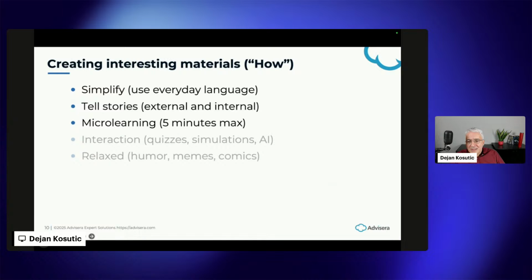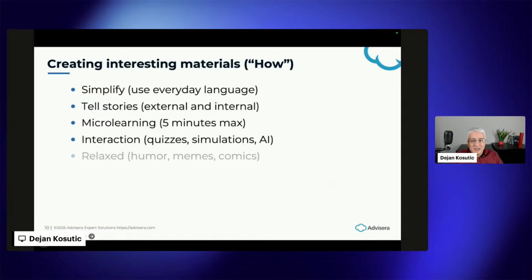Okay, next technique that I think is important is interaction. Or let's say the next characteristic of making these materials interesting is interaction. So make as much interaction as possible.